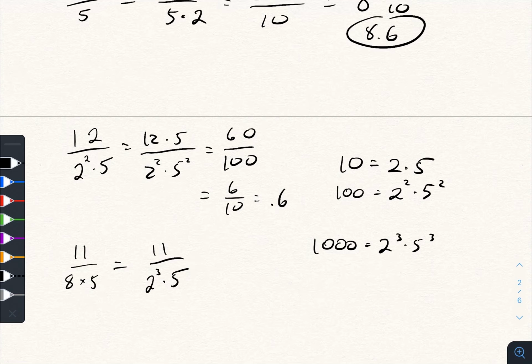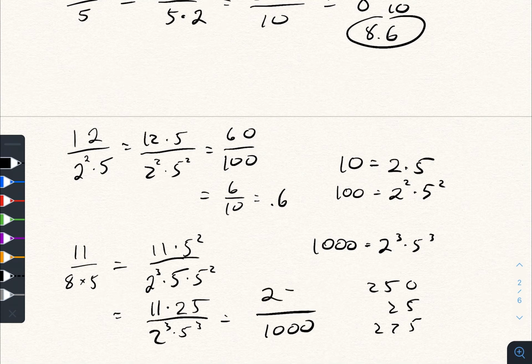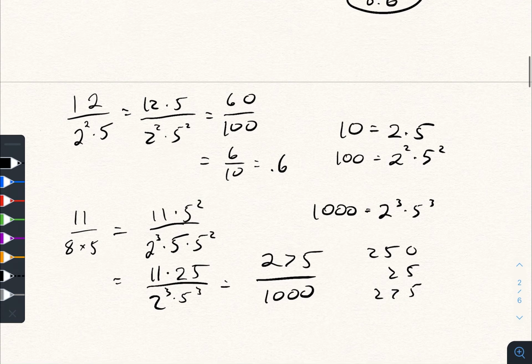So let's multiply this by 5 squared over 5 squared. So we get 11 times 25 over 2 cubed times 5 cubed. Our denominator is 1,000. What's our numerator? 250 plus 25 is 275. So 275 thousandths is our representation of this number as a decimal.